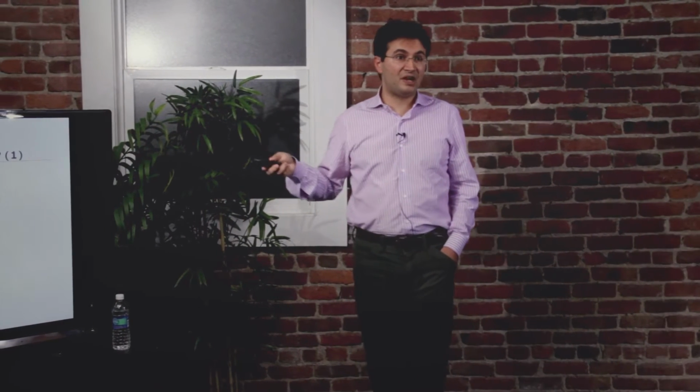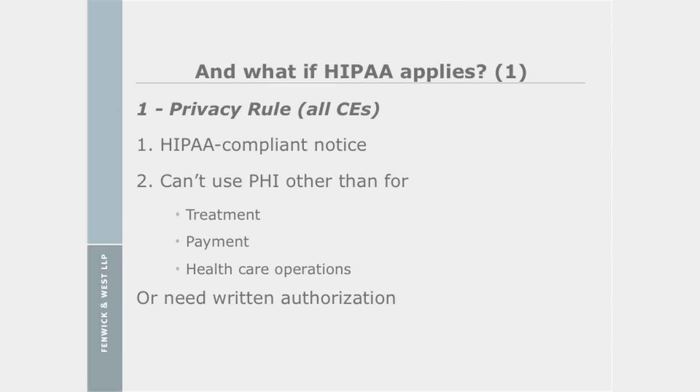If you want to use the same PHI for other purposes, unless you fall under one of the very, very specific exemptions under HIPAA, you need written authorization. The default is these are things that are allowed. You want to do something else, you cannot benefit from any of the exemption. Written authorization is required. That was the privacy component of the HIPAA regulations.